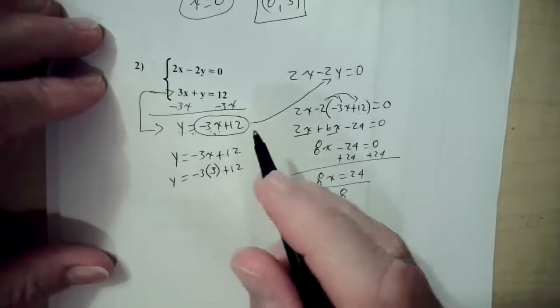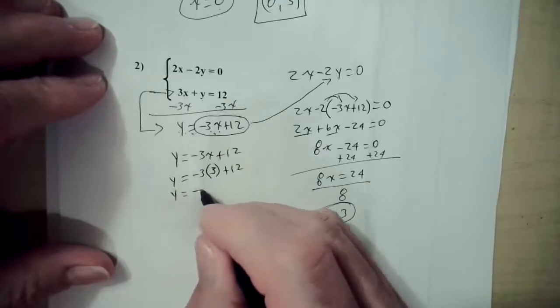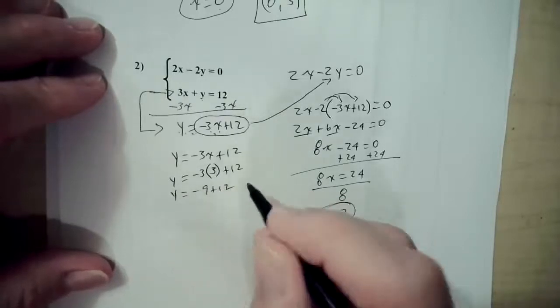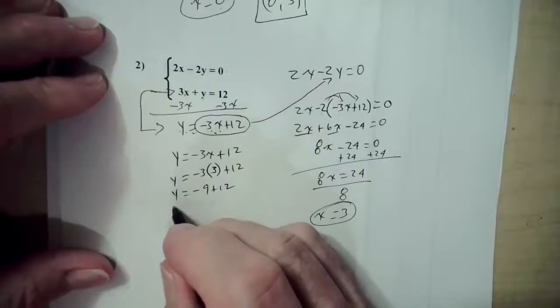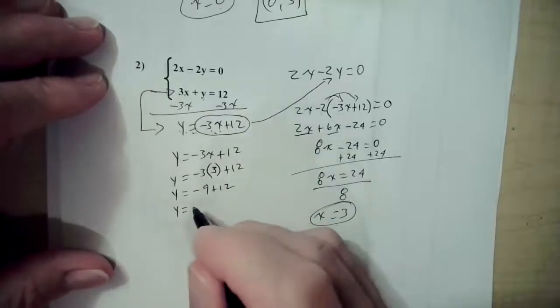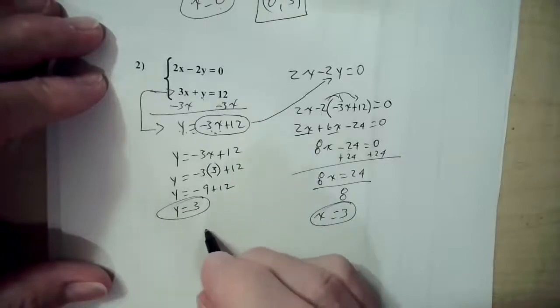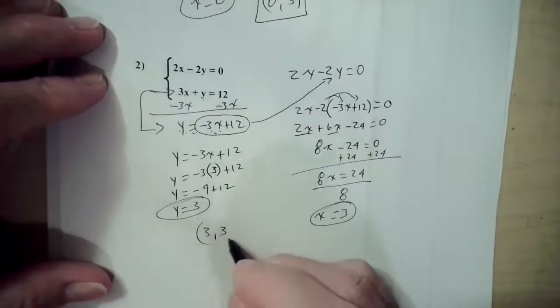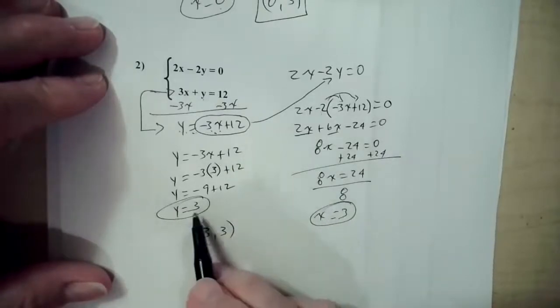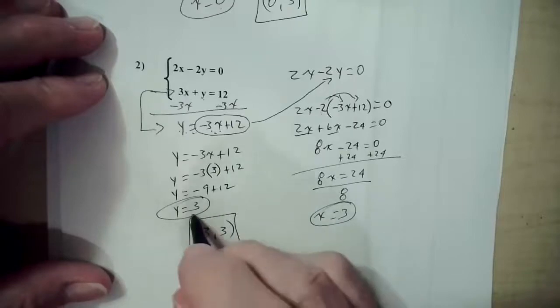Now it's just order of operations. We're going to do multiplication first. So y equals negative 9 plus 12. Add those together. Y is 3. So our solution is 3 comma 3. X, Y.